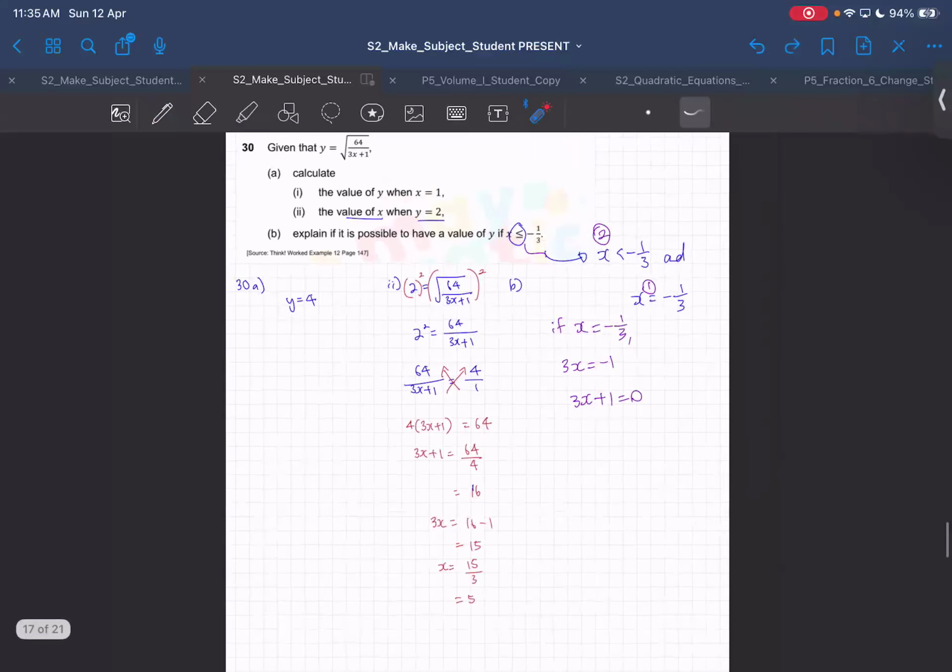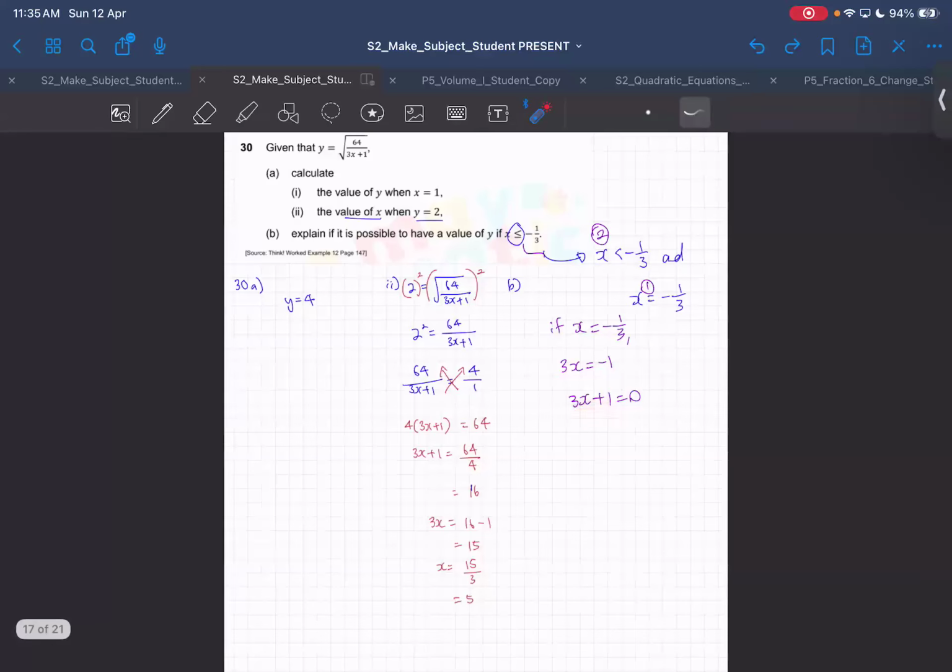Because the y that I'm given has a denominator of 3x plus 1, which is the same as this one. So if my 3x plus 1 is 0, is it possible for me to have a value of y? No, right? Because it will be undefined, because the denominator will be 0. Any fraction with denominator 0 is undefined.